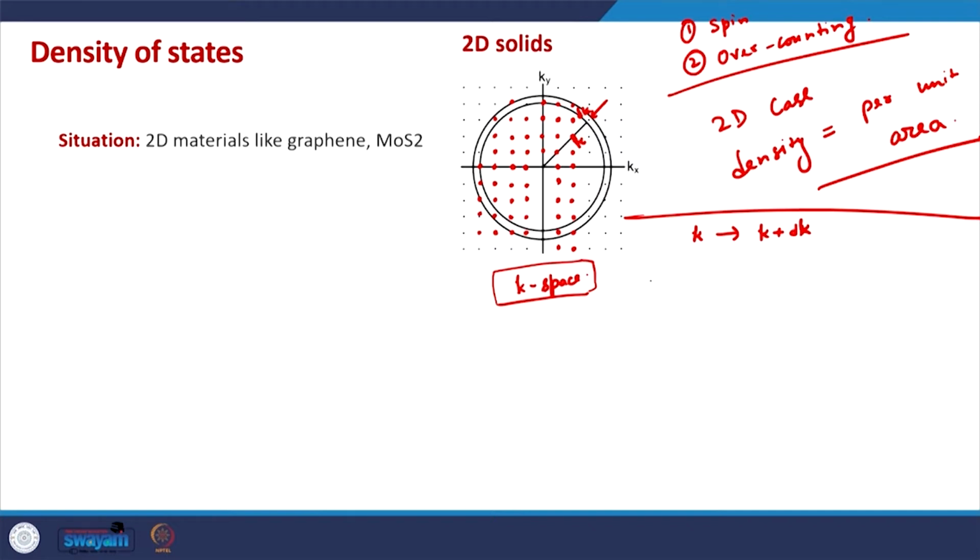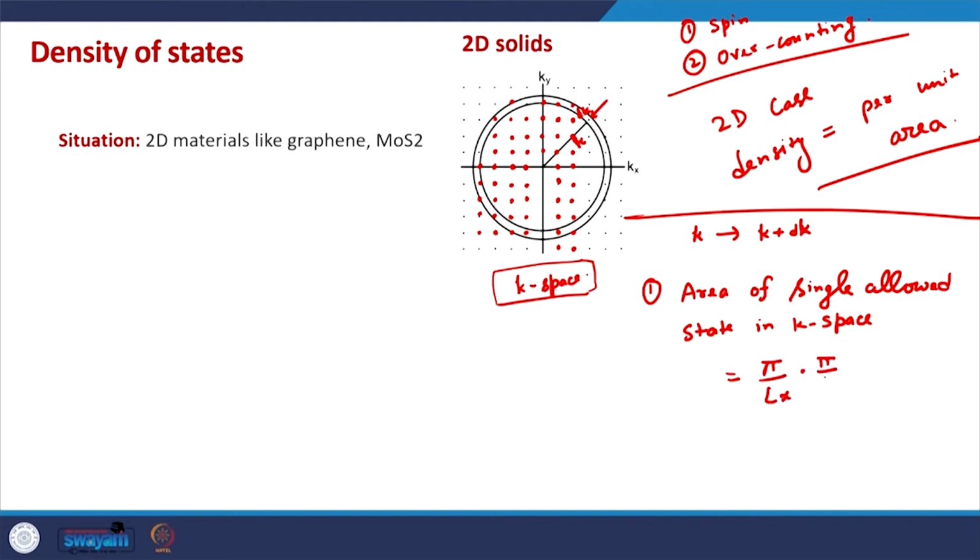The area of a single allowed state in k space is pi by Lx times pi by Ly.